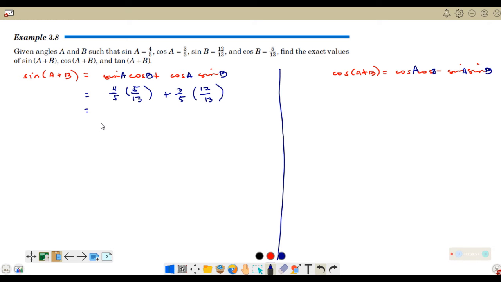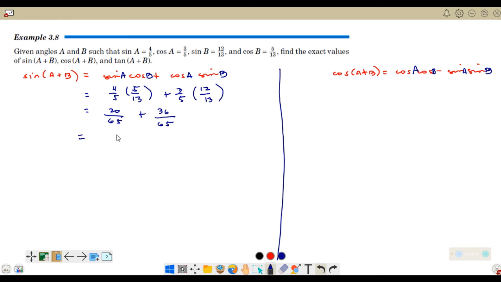Now, let's perform the indicated operation. We have 4 times 5 is 20. 5 times 13 is 65. Plus 3 times 12, we have 36. And of course, this is 65 pa rin.